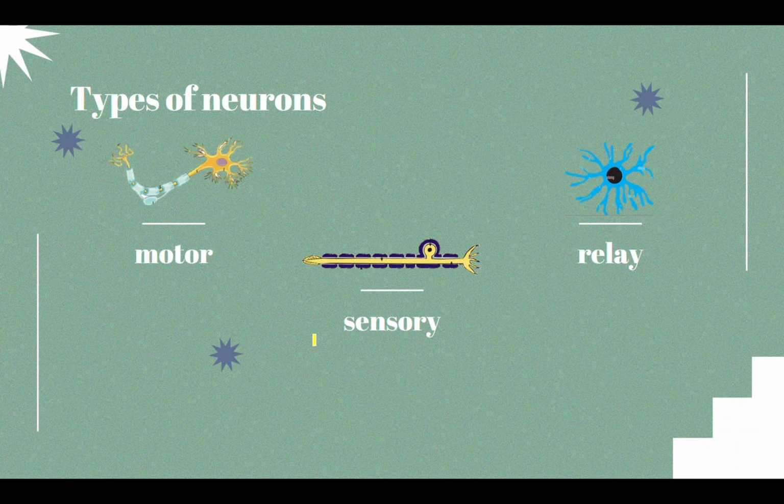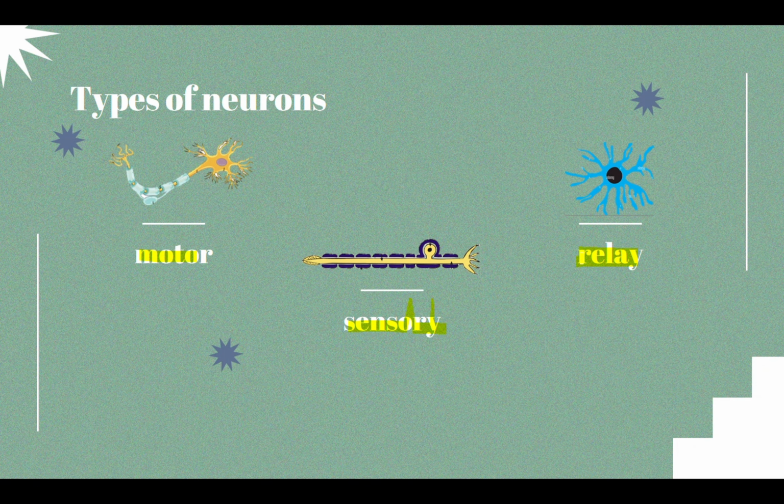Types of neurons. We have three types of neurons that impulses travel through. We have firstly the motor, secondly the sensory, and lastly the relay. So sensory is the one that is the closest to the skin. So they're the ones that receive the impulses that are coming from things that are called receptors on the skin that can detect any change around it and would send the impulse.